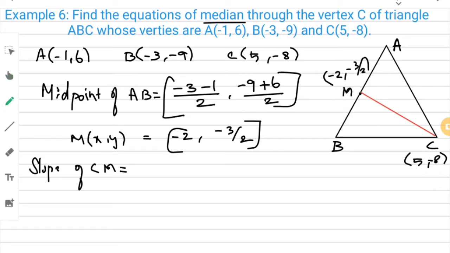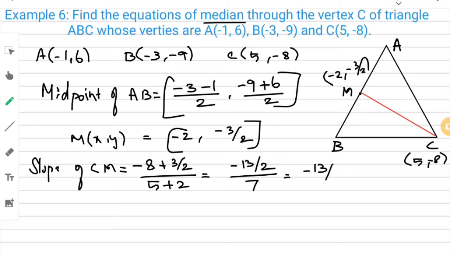So I am going to write directly: (-8 + 3/2) divided by (5 + 2), since minus of minus becomes plus. In the numerator you can take the LCM and simplify, then you will get (-13/2)/7, and taking the 7 to the denominator you will get minus 13 by 14, and this is the slope of the line CM.